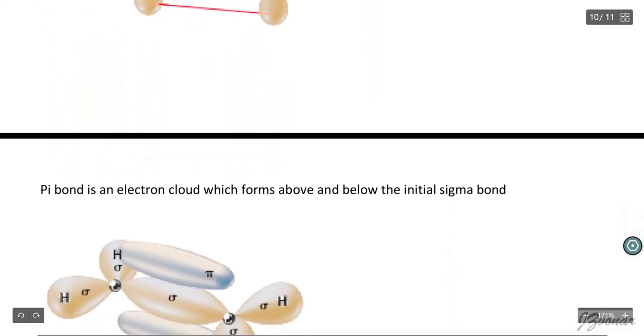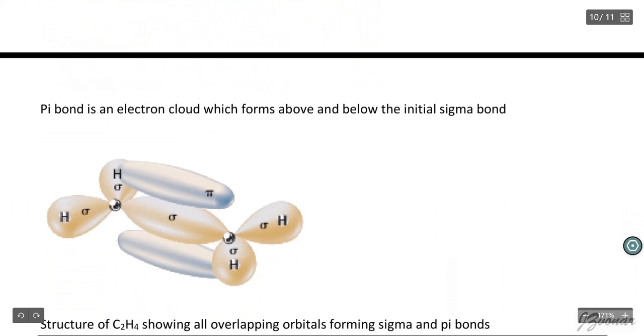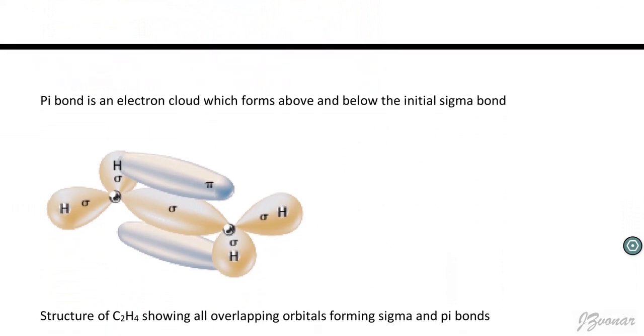If you take a look at this next diagram, it shows the three-dimensional electron clouds that form above and below the sigma bond. So I've got 1, 2, 3, 4, 5 sigma bonds, and then my pi bond is always two electron density clouds above and below that initial sigma bond between the two carbon atoms.